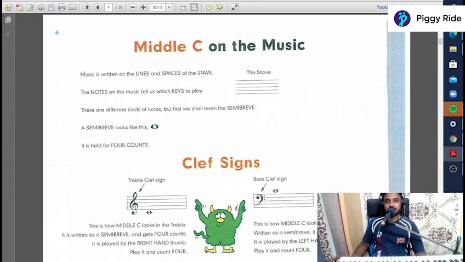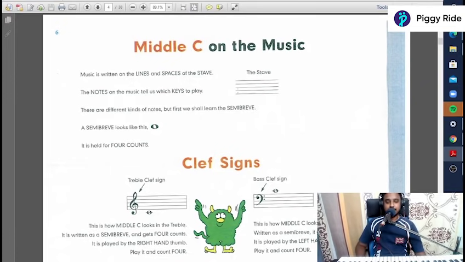So that is the first point we discussed: music is written on the lines or spaces of the stave. We can also call it staff. The next point is that the notes on the music tell us which key we have to play.